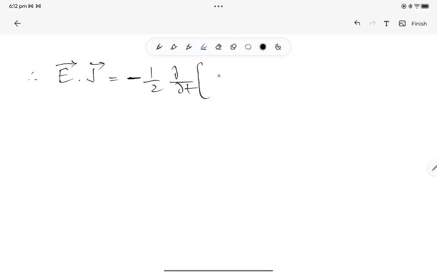This leaves us with epsilon naught E square plus 1 by mu naught B square, or B square by mu naught, and the next term left is 1 by mu naught. Be careful about this 1 by mu naught. You often simply drop it unknowingly, and that creates problems. Minus 1 by mu naught del dot E cross B.